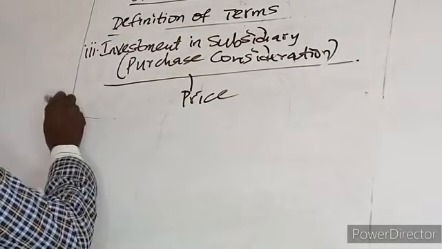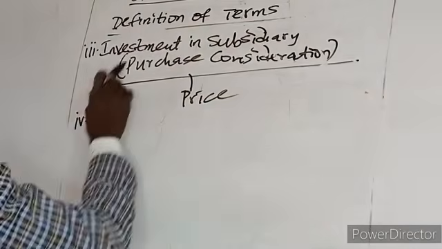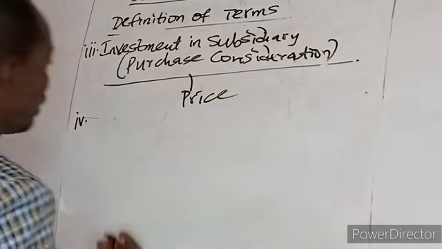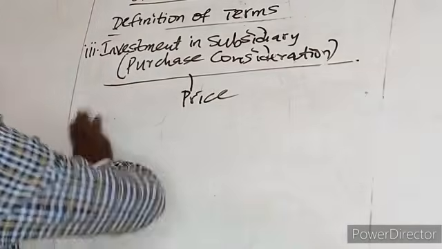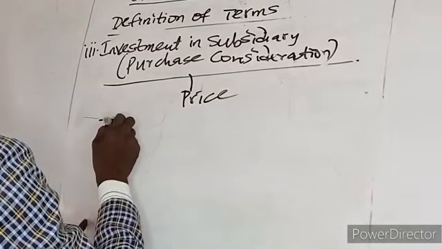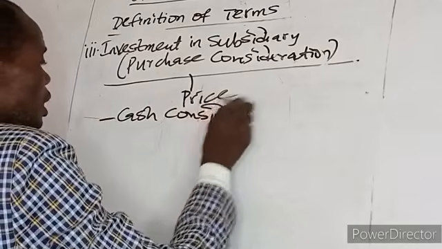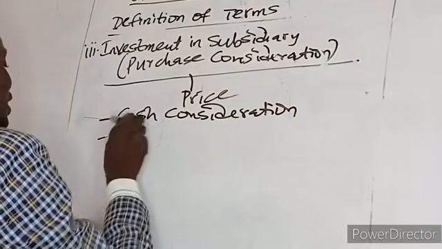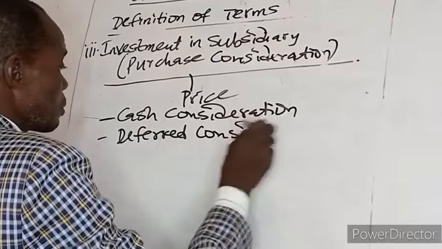Now, number 4. This purchase consideration may be given directly in the question, or I may be given the information to calculate it. So we are still going to examine. I'm going to categorize this consideration into 4. Number 1 is cash consideration. Number 2, we have deferred consideration.